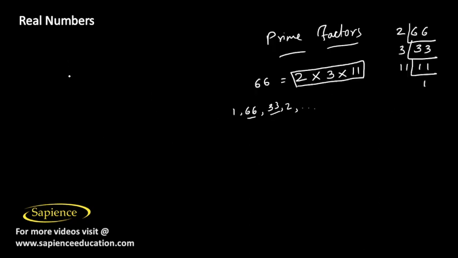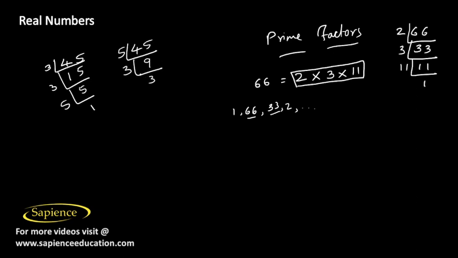So let's take the number 45. 45 can be divided by one student like this: dividing by 3, we get 15, 15 by 3 is 5. Again by 3, we get remainder 5, and 5 divided by 5 is 1. But the same 45, a second student might divide it like this: 45 divided by 5 is 9, then 3 and another 3.